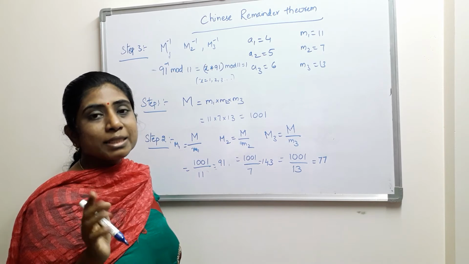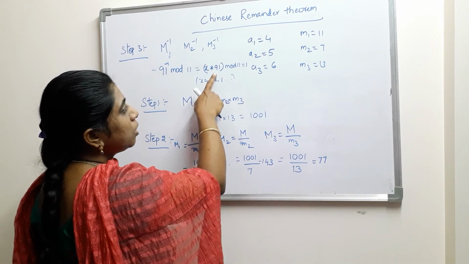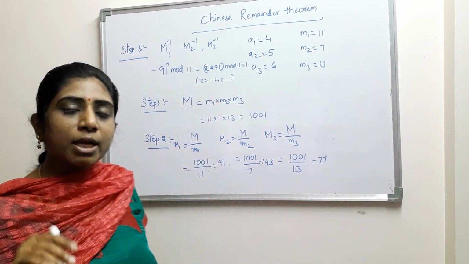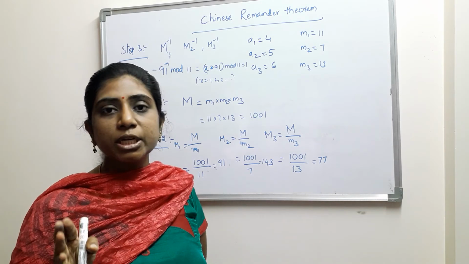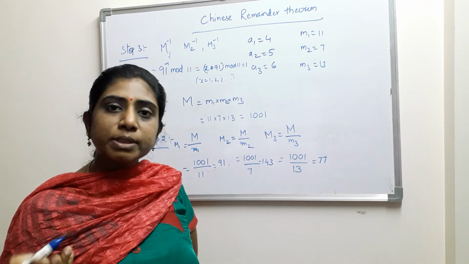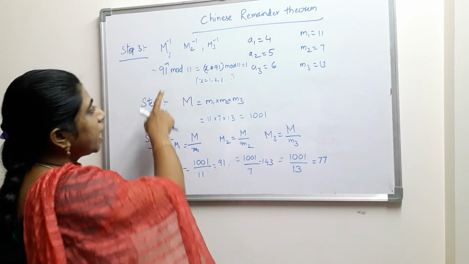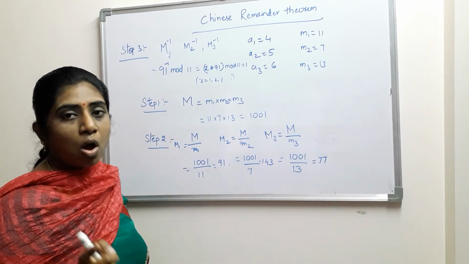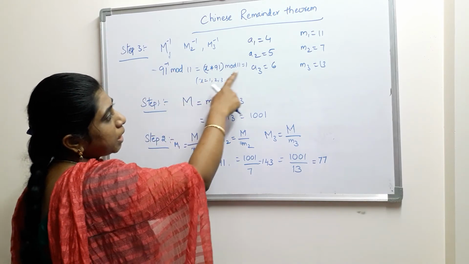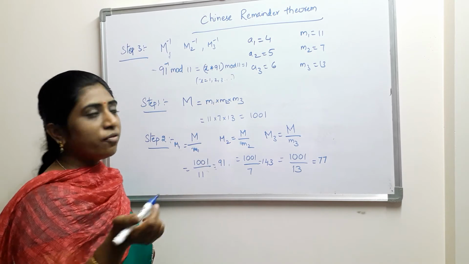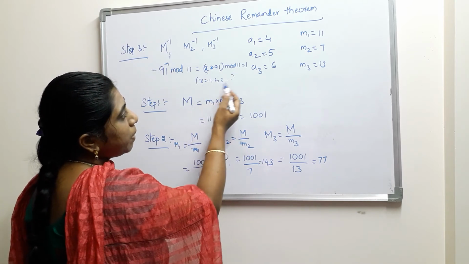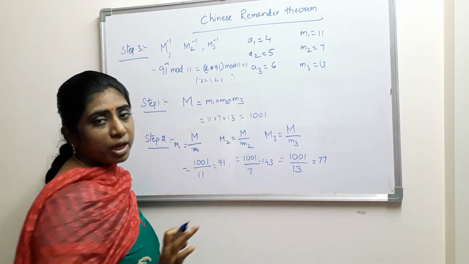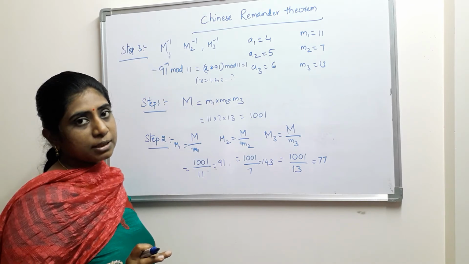So it is easy to take this value, and you also have another method, that is the extended Euclidean algorithm. Using that also you can find out the inverse value of 91, or you may use this particular method where you can easily find out the x value, and based upon that x value we can take it as the answer.